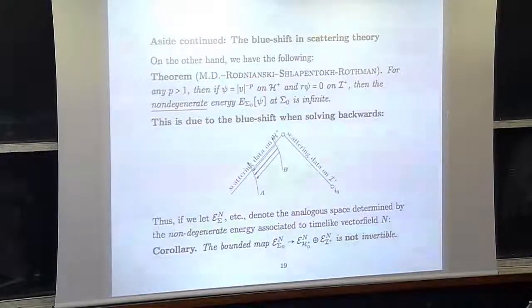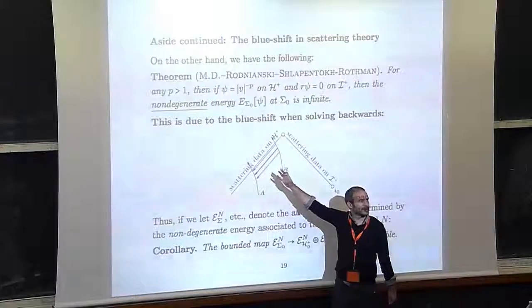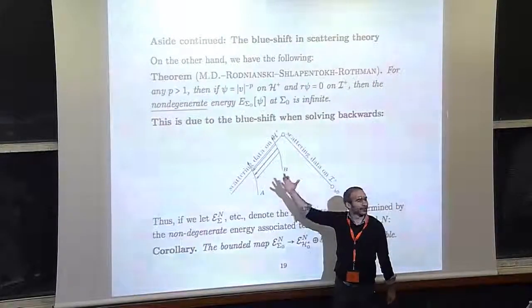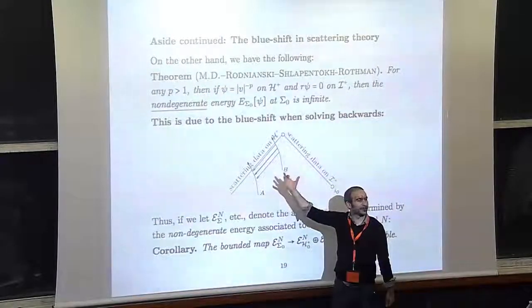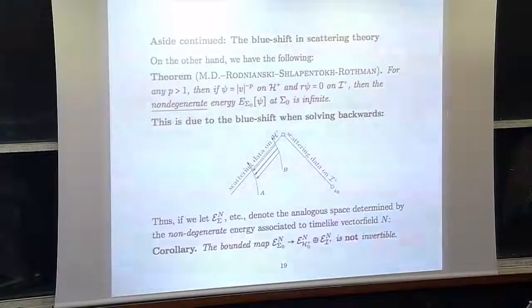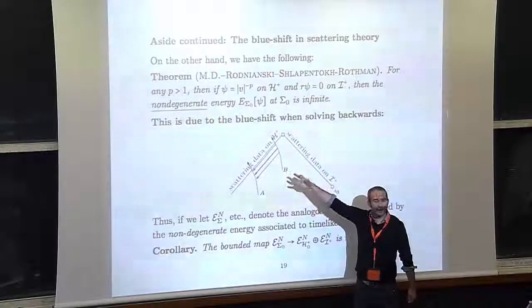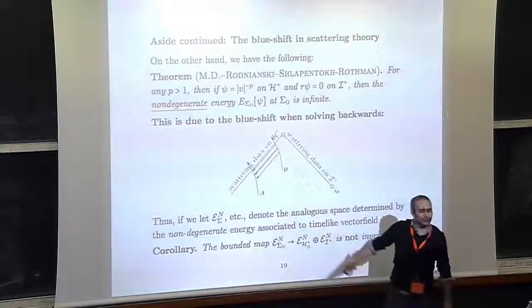So this Blueshift already suggests that you should not have a scattering theory in the norms corresponding to local energy, as opposed to the conserved energy. So it suggests that, but it's actually hard to show in general.